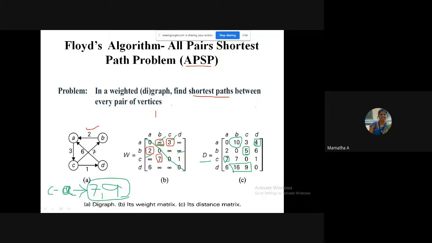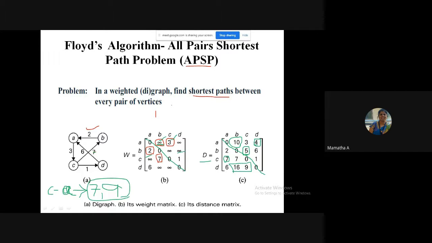And you can also observe here, though there are paths between the self loops, it will remain as 0 only. So we will not fill this. You have paths from A to A, B to B, everything, but we will not consider the paths for self loops.